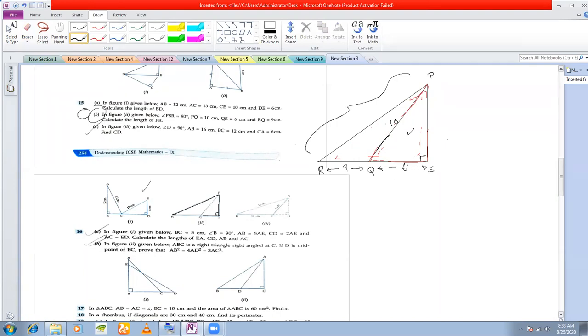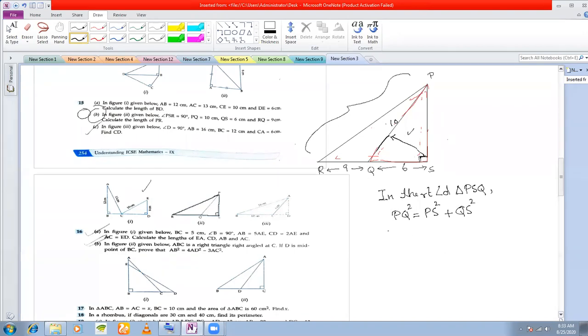In this right angle triangle, here you have the 90-degree angle. Opposite to this 90-degree angle, you will have your hypotenuse. So in the right angle triangle PSQ, the hypotenuse is PQ. So PQ square, hypotenuse square, is equal to perpendicular square, PS square, plus QS square.